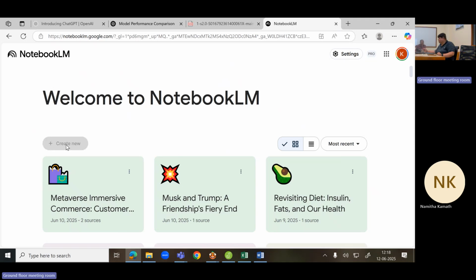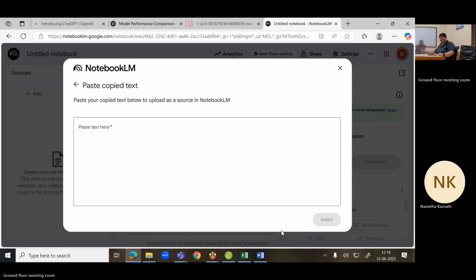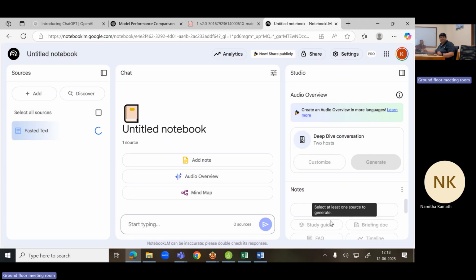Here we create a new notebook, whatever the topic, and you insert that.